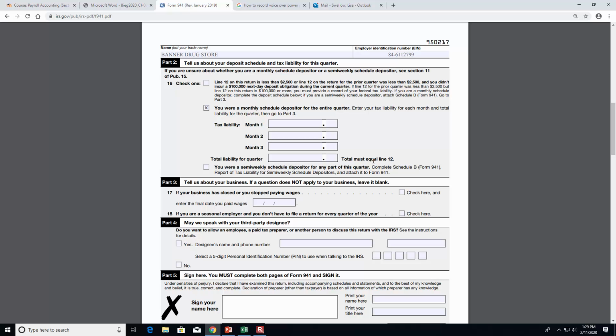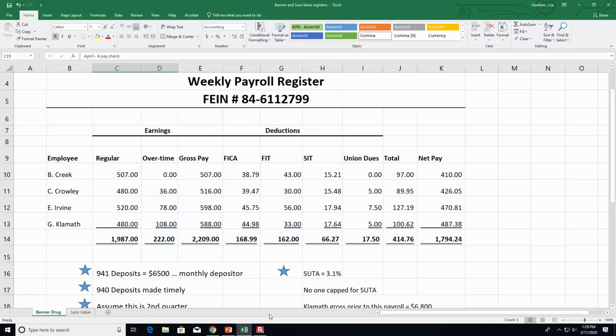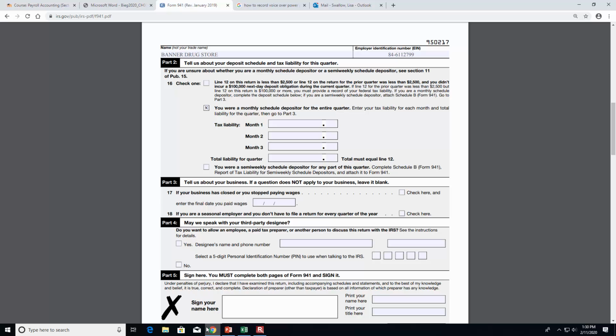So the question is, how much do you owe for just one payroll? 168.99 plus 168.99, right? Plus 162. And then times either 4 or 5, depending. Because everything here is just a game of conversion. How many weeks in a quarter? How many paychecks in a month?